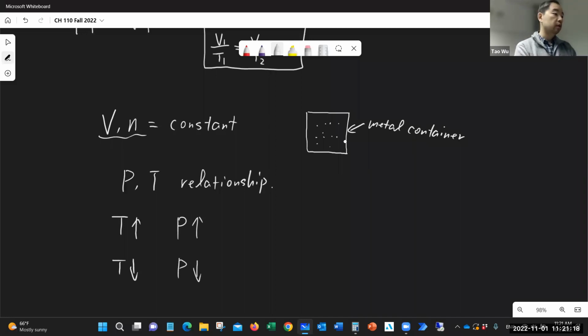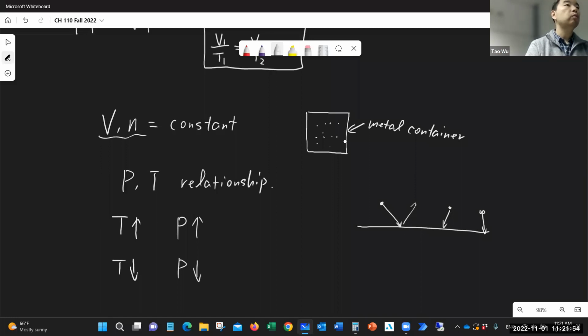Okay, so this is normal. Oh, probably I didn't mention that. Did I mention how the gas can create a pressure? Generally, the reason gas has a pressure is because the gas molecules hit the wall. Different molecules hit the wall, and then they bounce back, right?